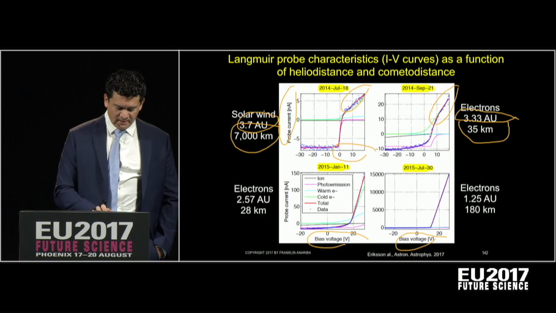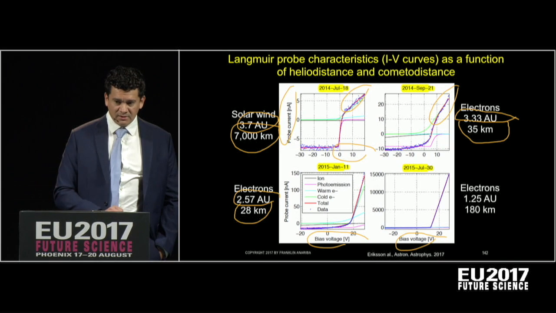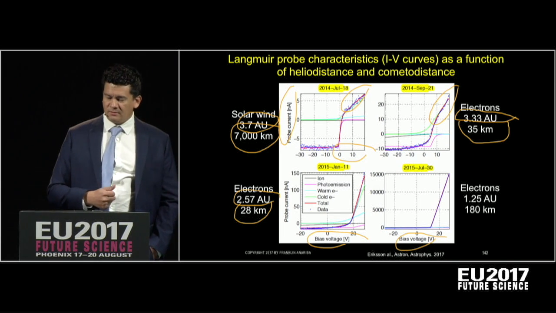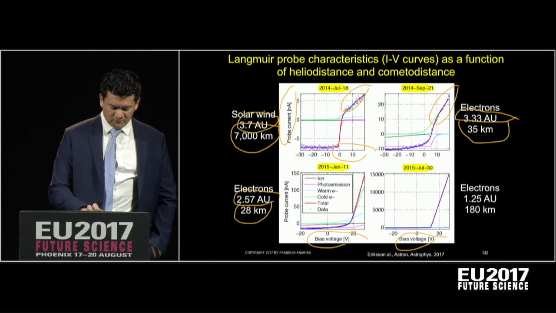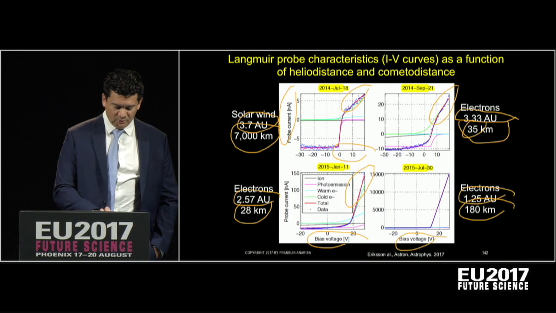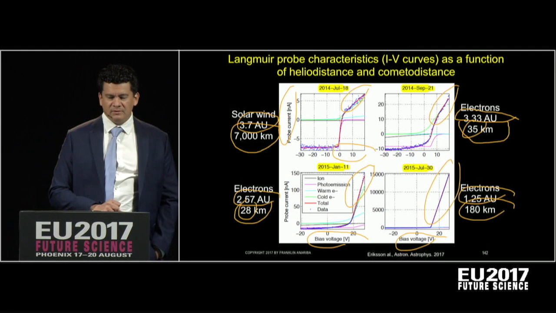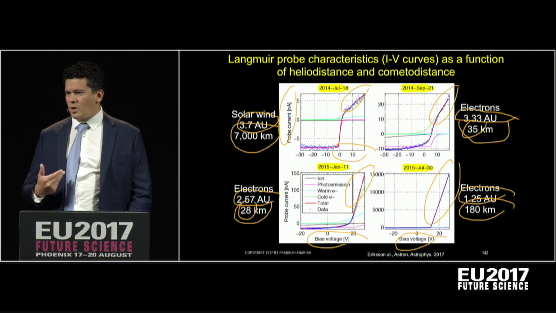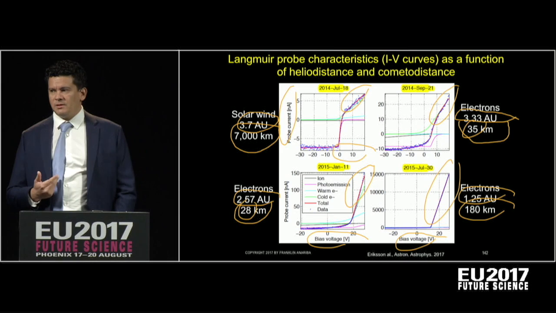If we again move a little bit closer, 2.757 astronomical units, and still close, still within the coma of 67P, we see a much larger increase, about 100 nanoamps. And we're very close to perihelion, even though we are relatively far away, at 35 and 28 kilometers, we see a current of about 15 microamps. So we see a quite large increment of current.